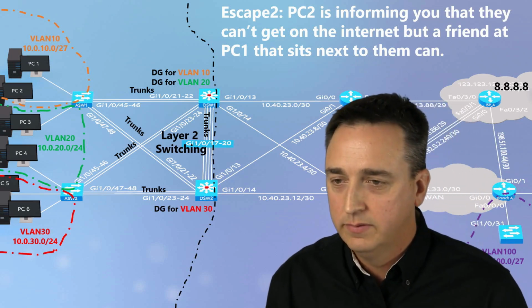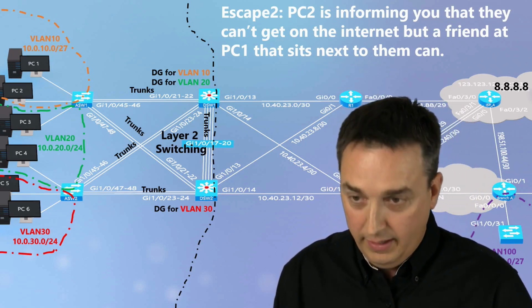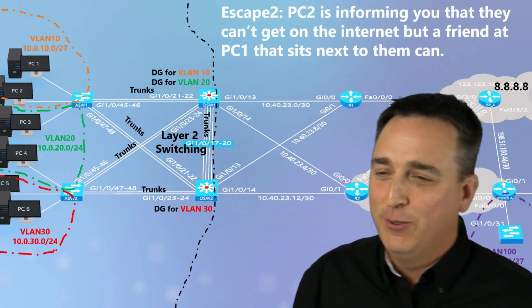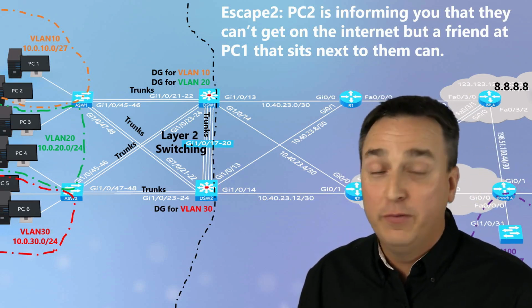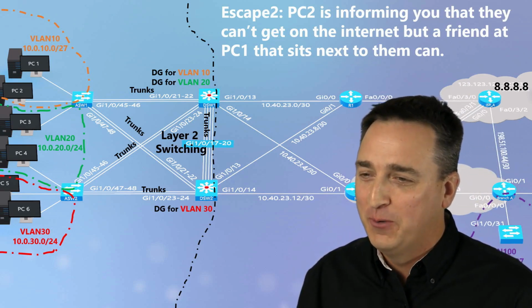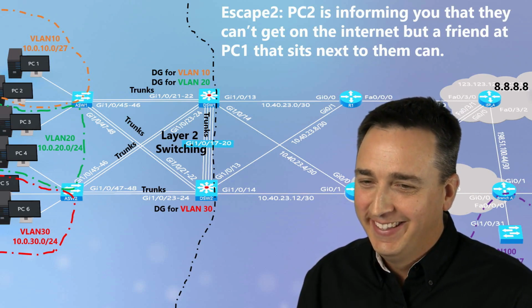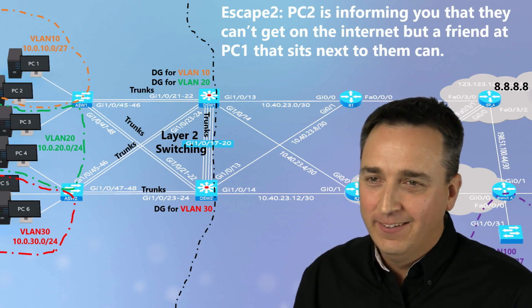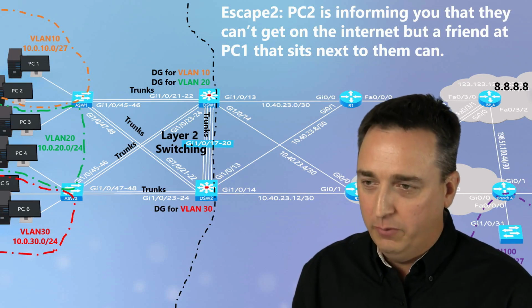Yes. I'm just doing a configuration replacement on a few devices. I won't tell you which ones or else you'll know what's going on. All right. And one more to do, and then we'll be good to go.